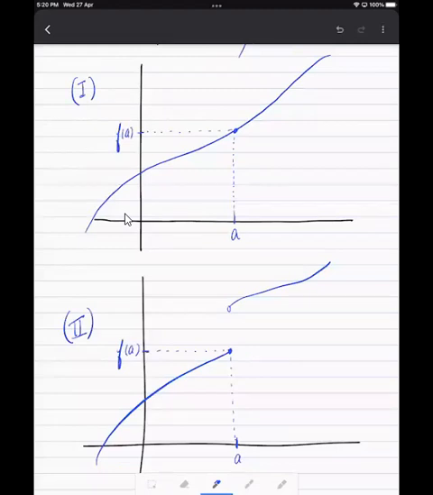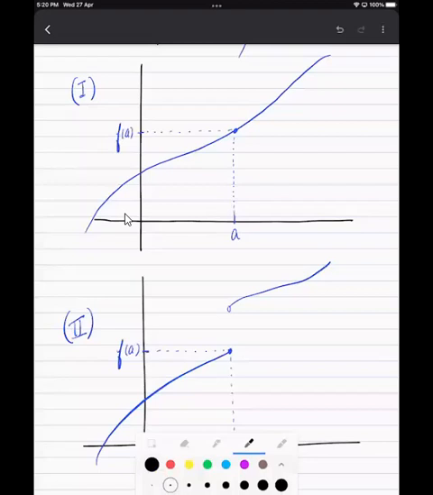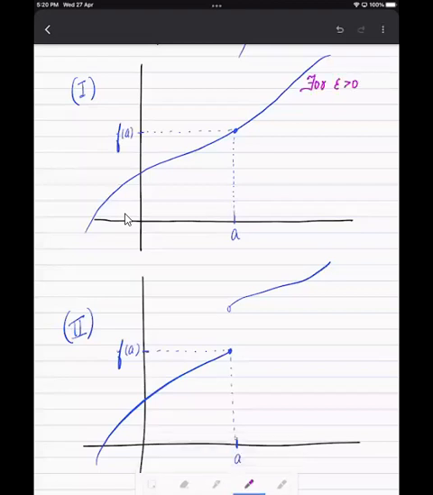It will be around A. This is for epsilon greater than 0 given, |f(x) - f(a)| is less than epsilon for all |x - a| less than delta.